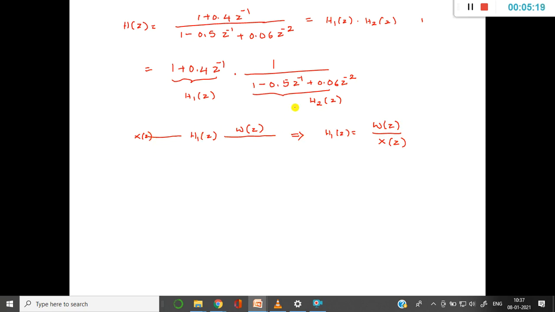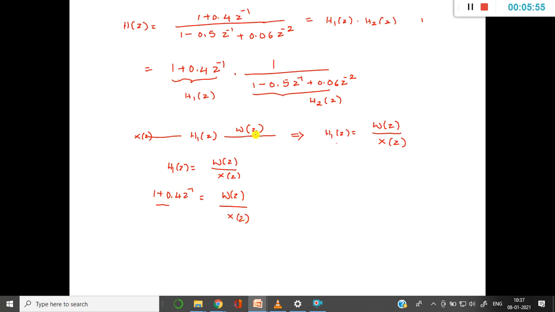Later on we will club them together. Now what is H1? H1 is nothing but 1 plus 0.4 z inverse. Let us substitute here: H1 of z is equal to W of z by X of z, and we know H1 of z is 1 plus 0.4 z inverse.